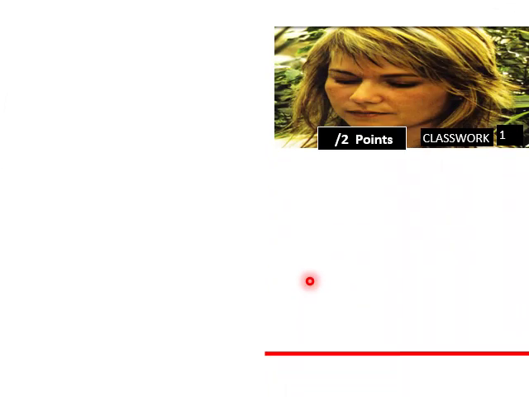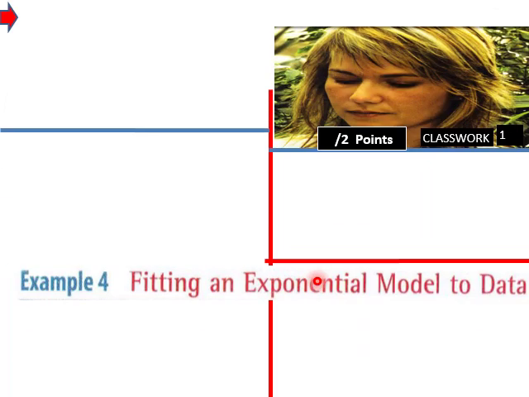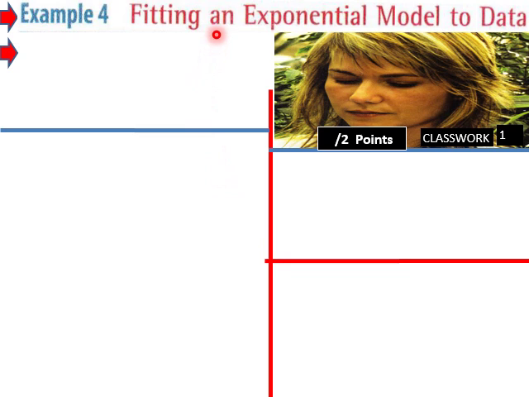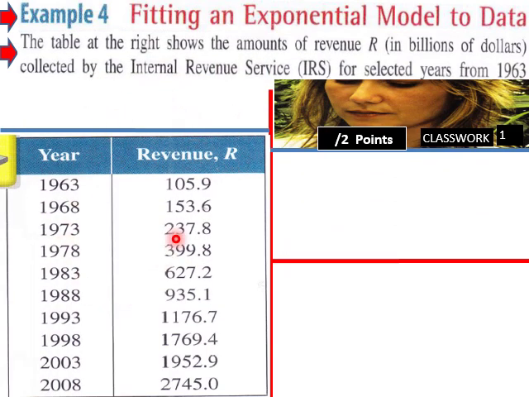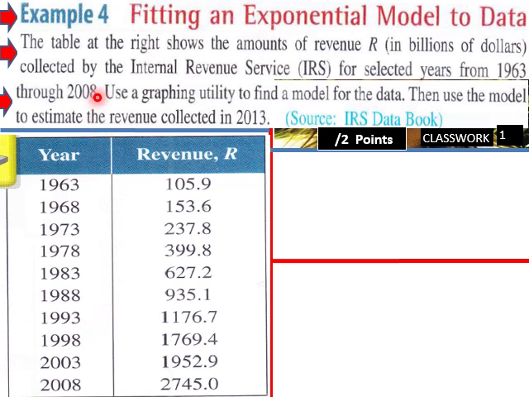Okay, into our first slide here of today's lesson. Example 4, fitting an exponential model to data. So we have a table here that shows the amounts of revenue in billions of dollars collected by the Internal Revenue Service for selected years from 1963 through 2008. So here are selected years, not consecutive but selected.